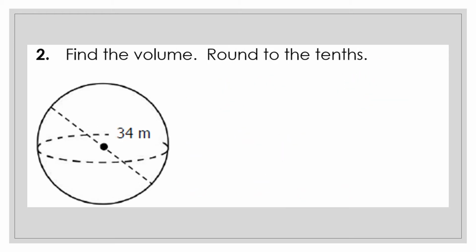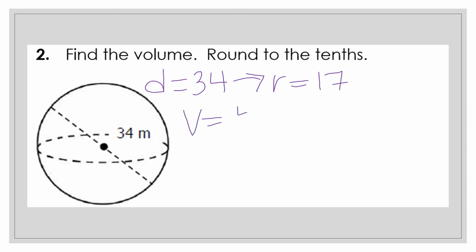On this one, we're looking for the volume, but this time they give us the diameter, which is 34. If the diameter is 34, that means to find our radius, we're going to cut 34 in half, so our radius is 17. To find the volume, we do 4/3 pi times 17 cubed.